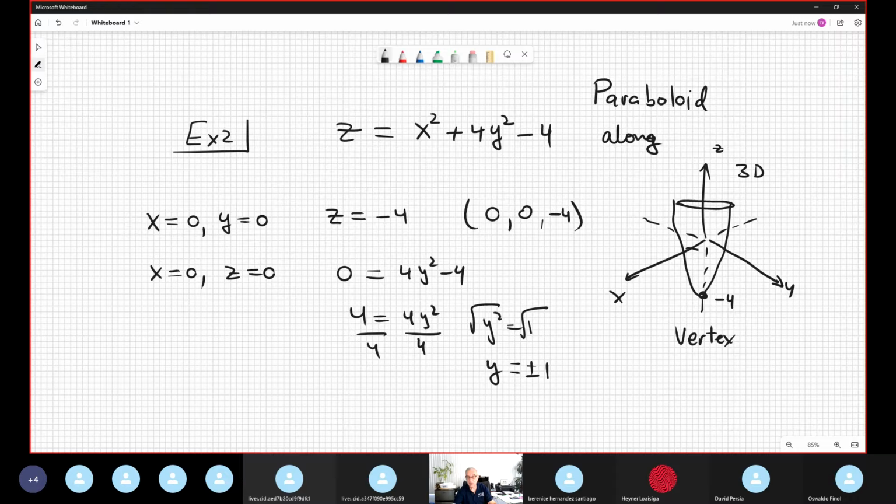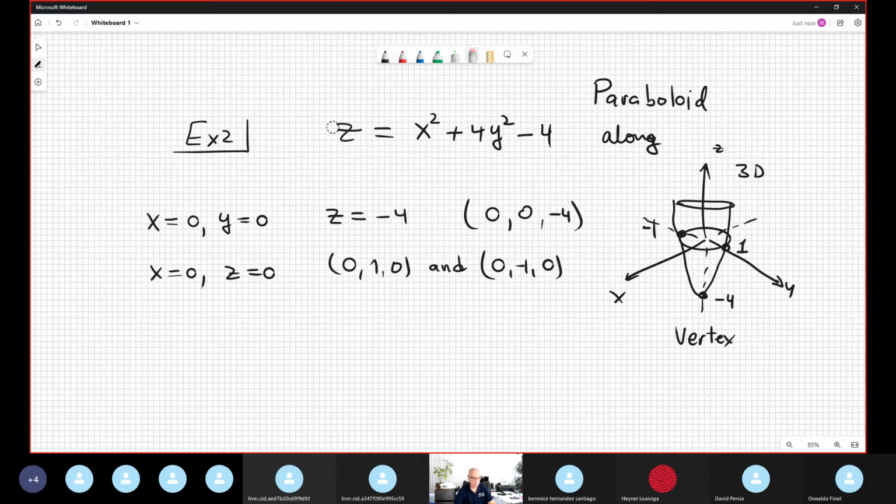So in this trace, these two points are y = 1 and y = -1. We discovered two points: (0, 1, 0) and (0, -1, 0), according to the solution of the equation.